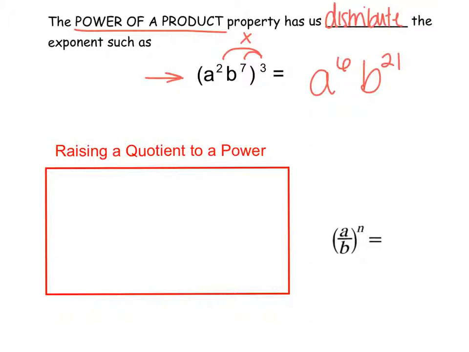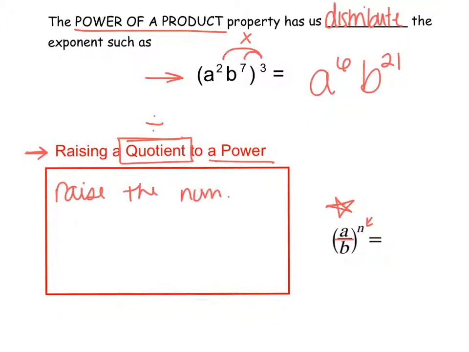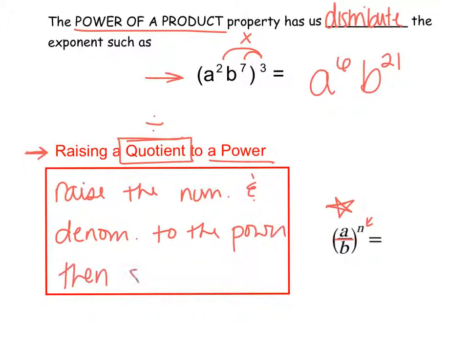Now, today, our property is raising a quotient to a power. Remember, the word quotient means division, and it's raised to a power. So something that's divided, raised to a power. That's just like our example over here. Now what's going to happen is you are going to raise the numerator and denominator to the power, then simplify if you need to.